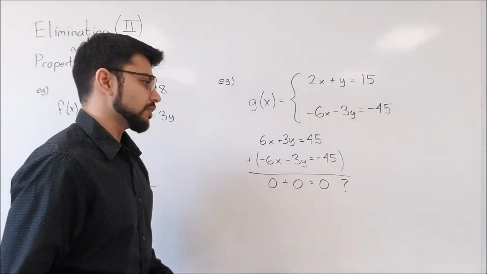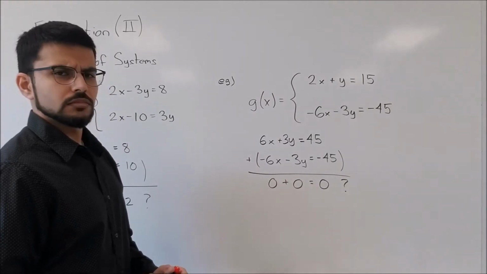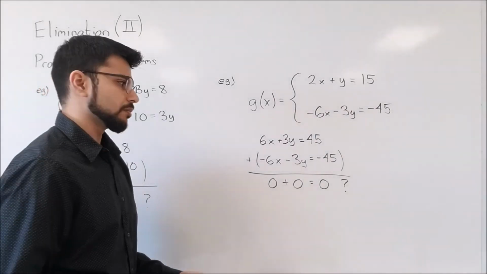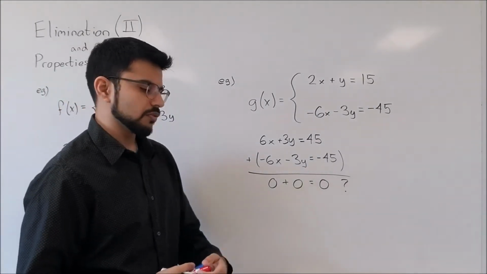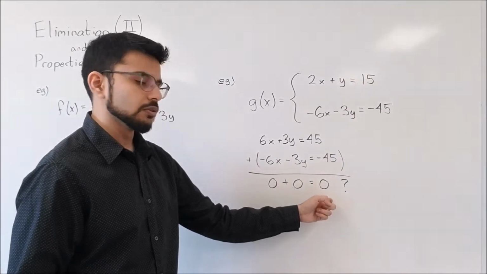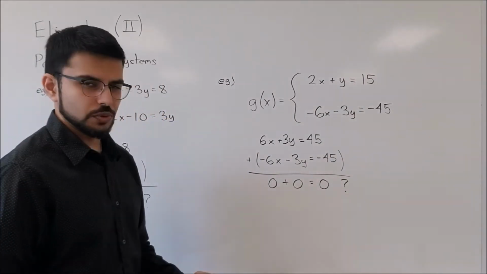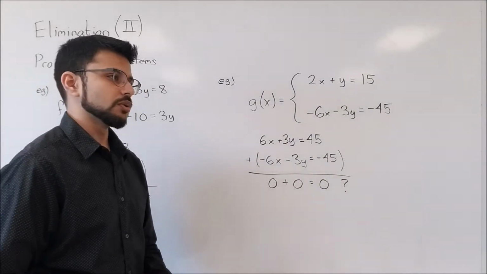Got rid of our x values. Then I've got 3y minus 3y equals 0. So another situation where my variable again disappeared. And I get 45 minus 45, to be concise, is equal to 0. Another strange situation where both of our variables canceled out.